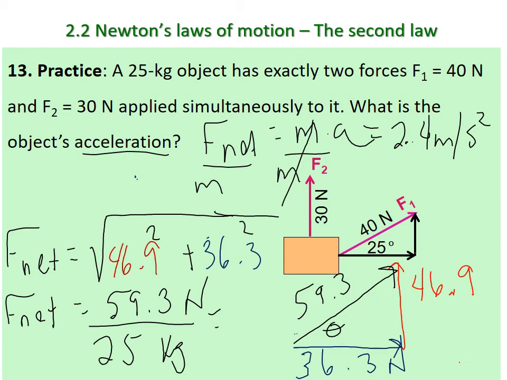If I wanted a direction for this acceleration or a direction for the net force, it would be this angle above the horizontal. So if you want, you can do that. We can use our tangent function. Tan inverse of opposite over adjacent. Tan inverse 46.9 divided by 36.3. And then you can figure out what this is. Okay, practice problem 14 up next.